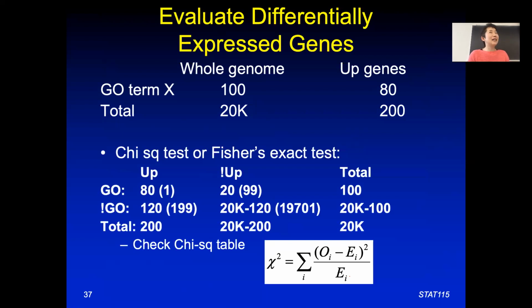In fact, the trick in this course is, every time I ask you, do we need to worry about multiple hypothesis testing? Most likely the answer is yes. Every GO term you test counts. For example, as we mentioned, if a gene is assigned to a branch GO term, it will also inherit the parent term. And so when another GO term, the parent, is being tested, that gene will also be considered. So you can see we have to test all the possible GO terms to see this enrichment.